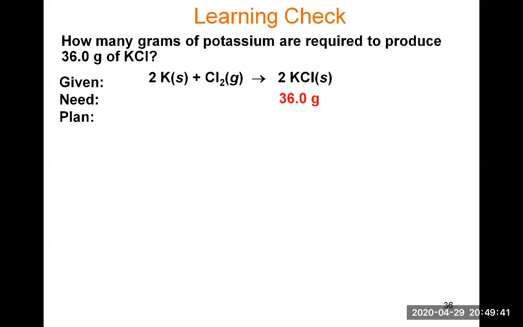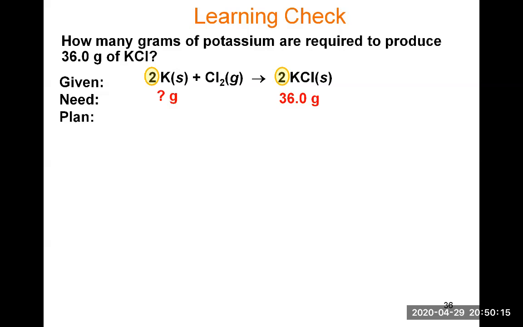So I like to write that below the corresponding compound. And how many grams of potassium is what we are trying to determine, and we will write a question mark with grams below potassium. Again, the relationship between potassium and KCl is a relationship in moles given by the coefficients of the chemical equation, the two you see highlighted here.